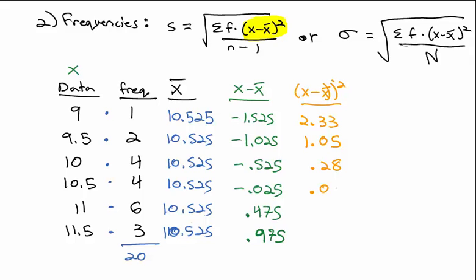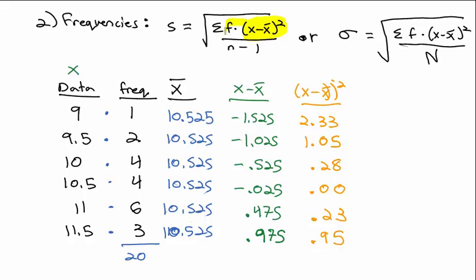In fact, I'm just going to use 0 because it's so close to 0. It's 0.000625, and I'm only doing 2 decimal places. 0.475 squared is 0.23. 0.975 squared is 0.95.